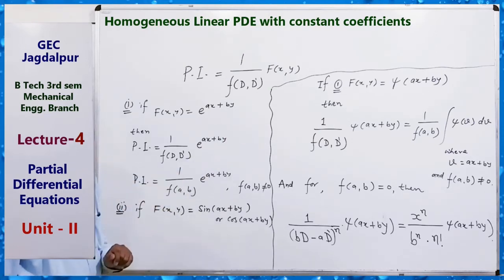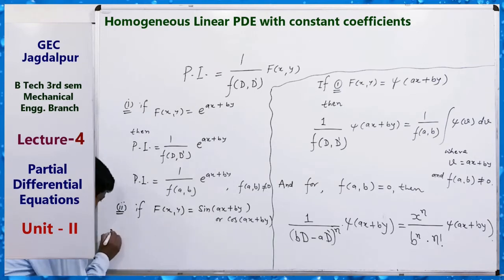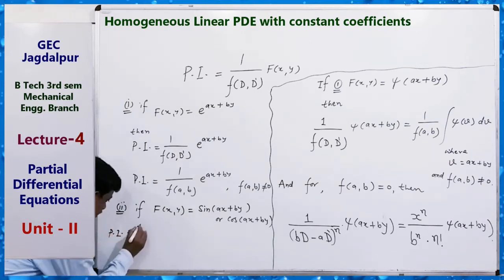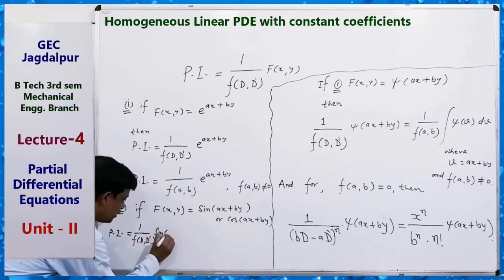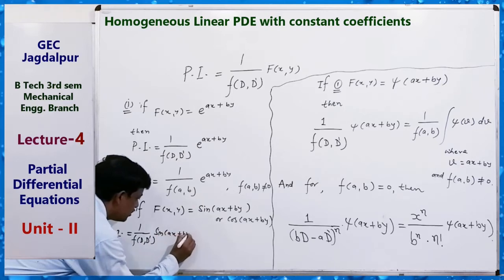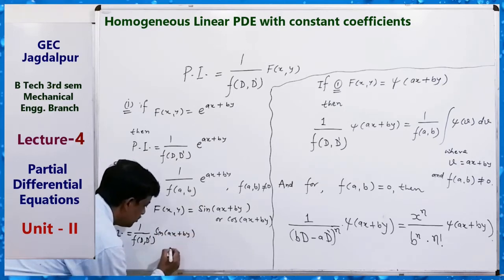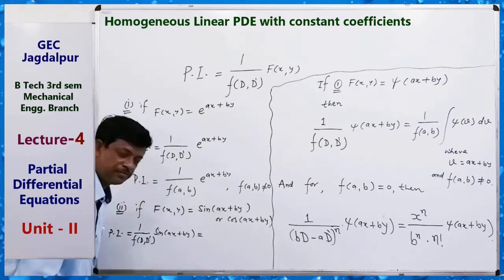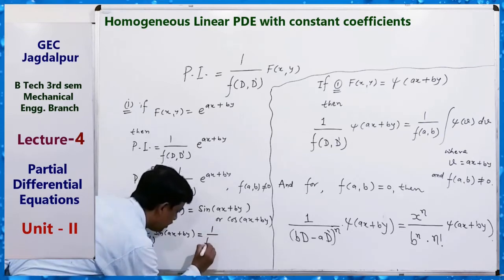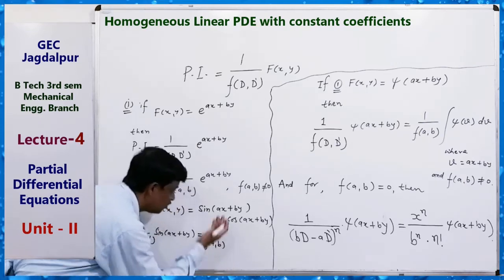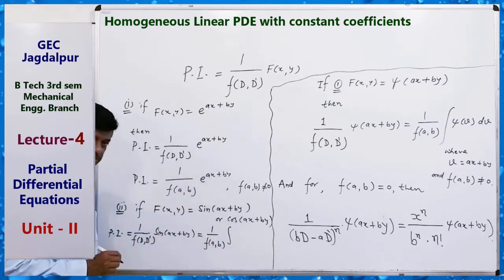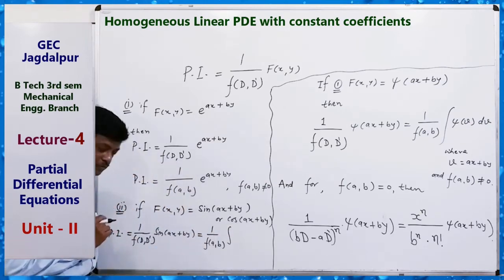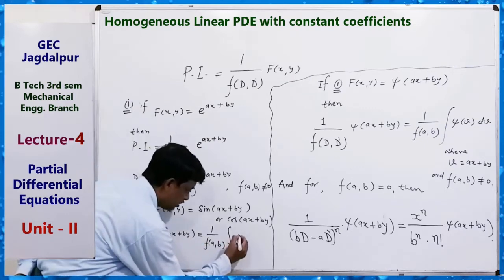For factorization, the particular integral equals what? 1 upon f(D,D') sin(ax plus by) equals what will be the value? 1 upon f(a,b), where f(a,b) is not equal to 0, integration of what?